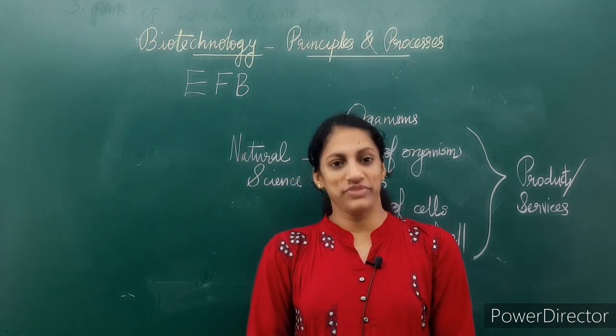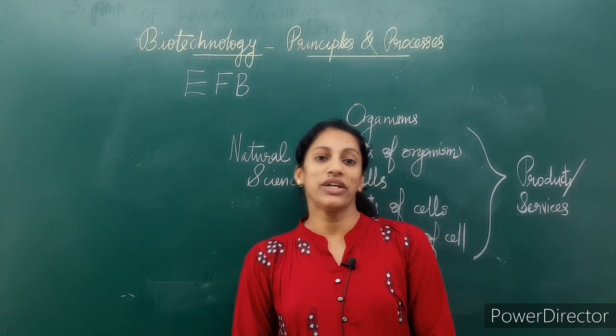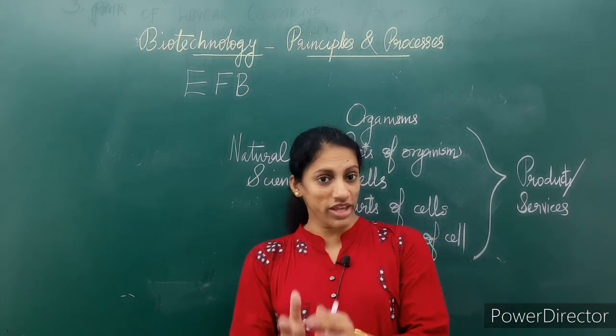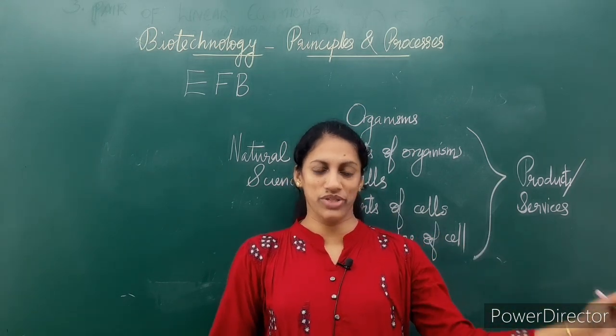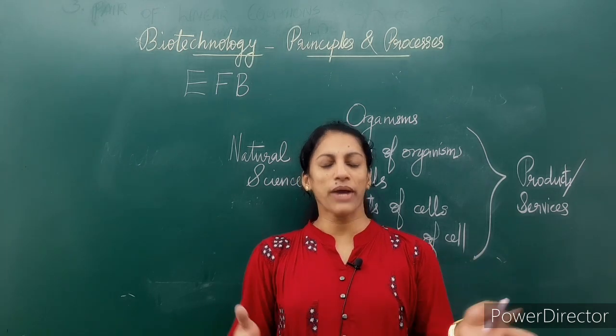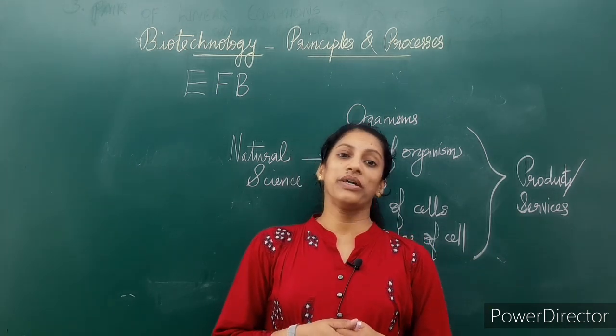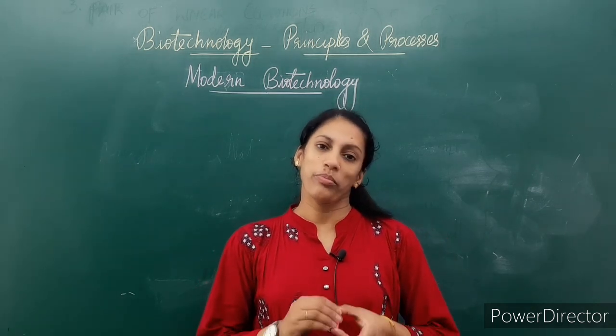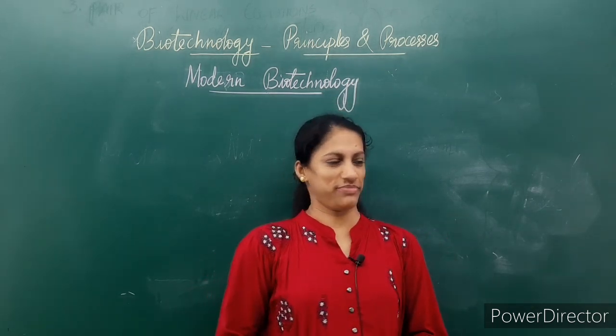The first part of the chapter discusses the principles of modern biotechnology. So leave all other things, the simple biotechnology facts. Now we are moving to the chapter focusing on modern biotechnology. So, the principles of modern biotechnology.